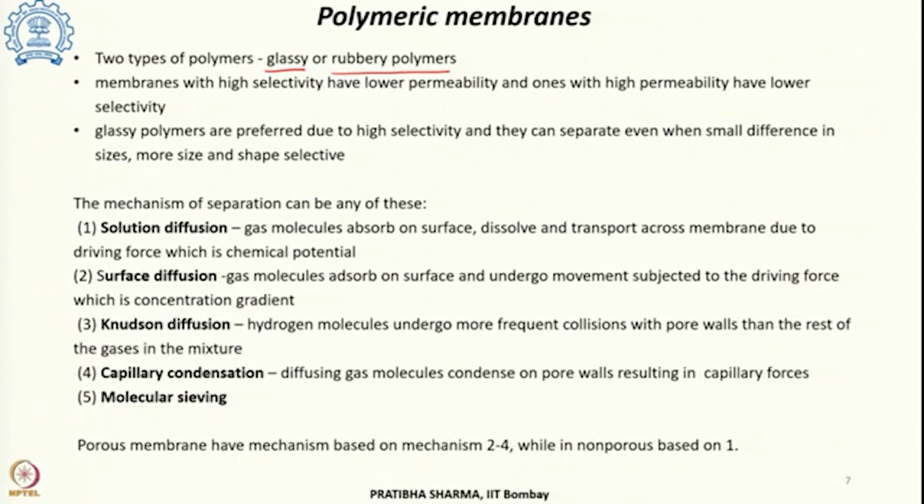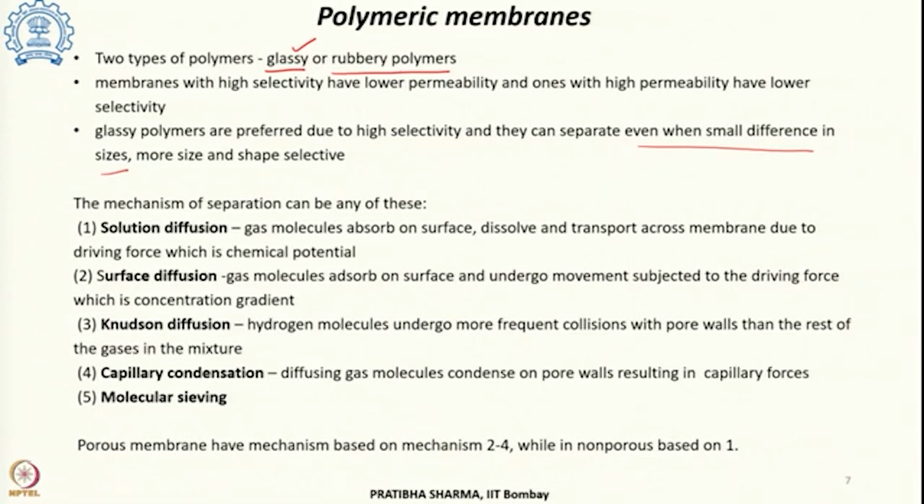Among the two, the glassy polymers are preferred because they have a high selectivity. At the same time they can differentiate even a small size difference, so they can separate molecules that have a small difference in size. So they are more size and shape selective.